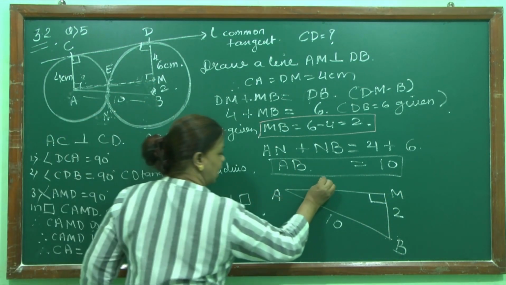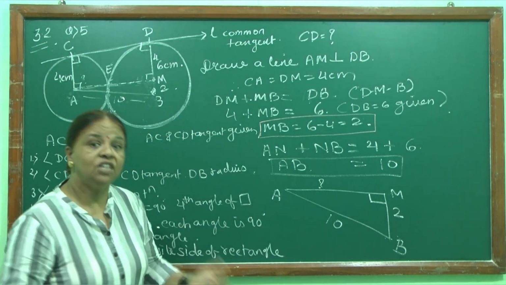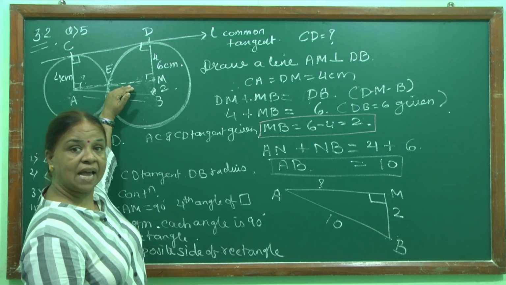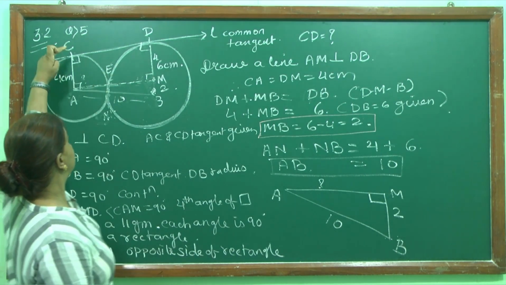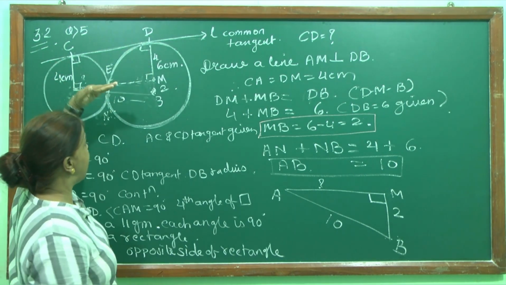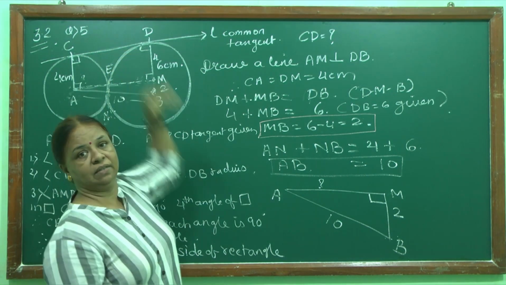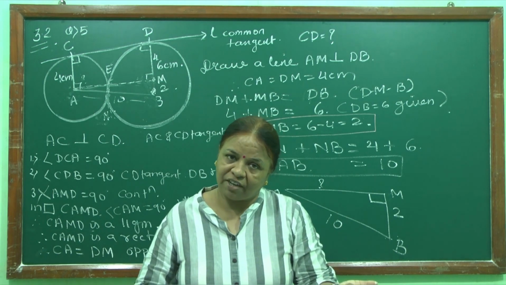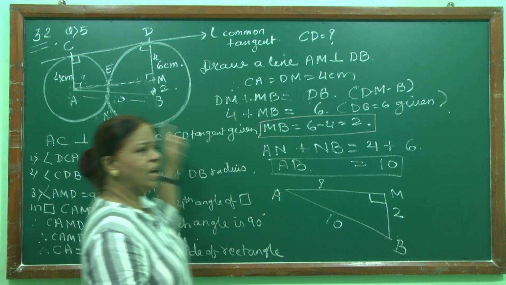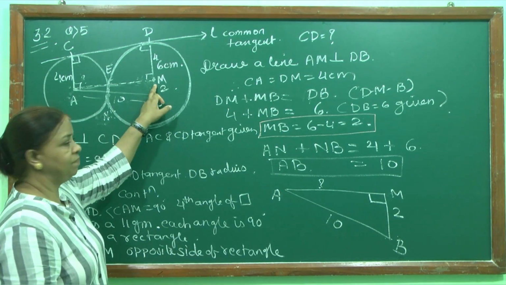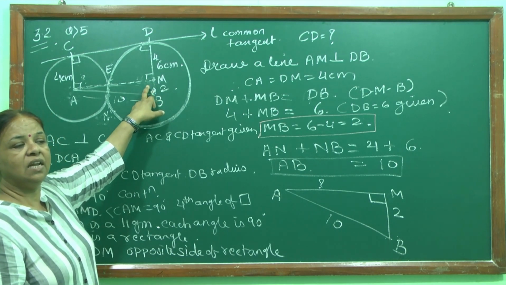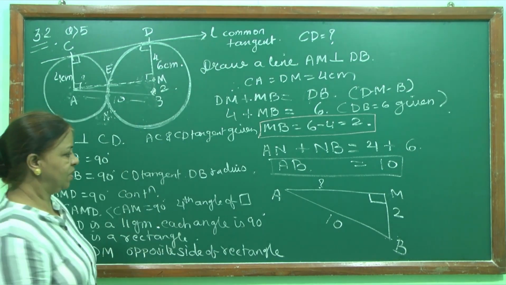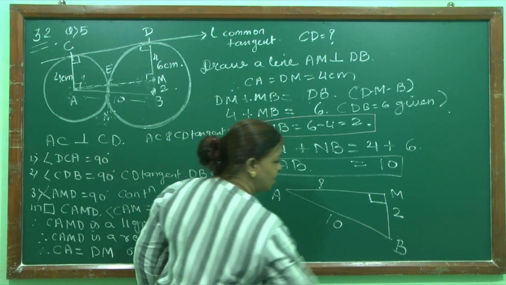I need to find out AM. And why do I need to find out AM? Because AM is the side of the quadrilateral CAMD, and AM is equal to CD. CAMD is a rectangle and opposite sides of a rectangle are congruent. Once I get AM, that would be the length of CD because CD is equal to AM.